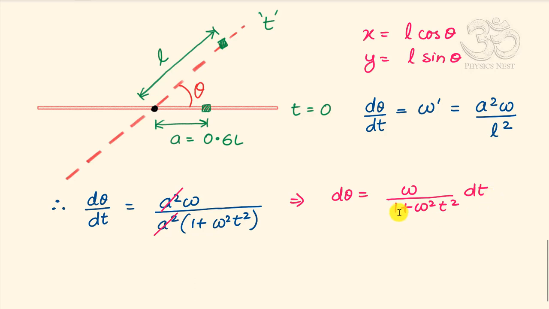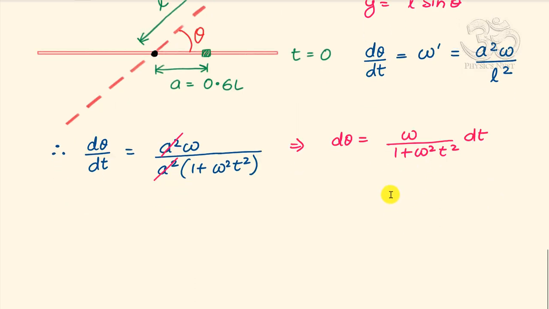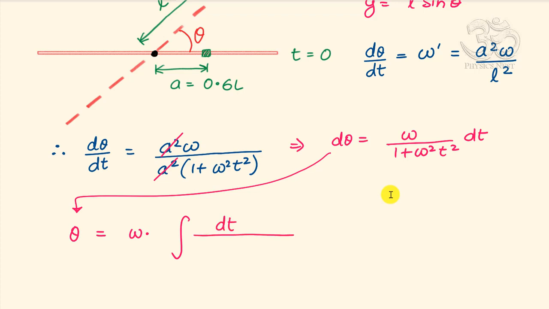But how can I integrate this? I will get theta is equal to omega times integral of dt, and I will take omega square out, and I'm going to get 1 by omega square plus t square.